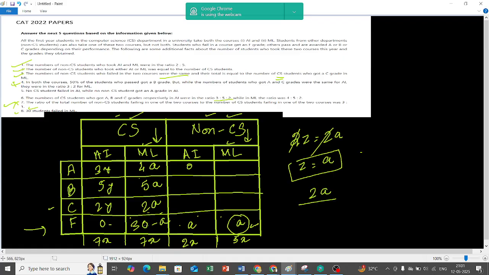So the number of CS students failing in one of the two, that is 30 minus A, equals 3/1.